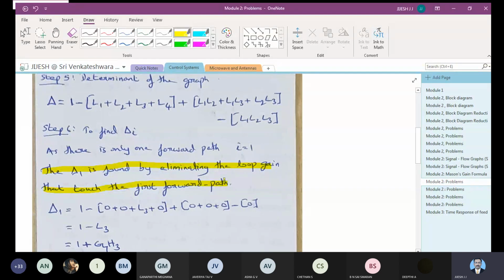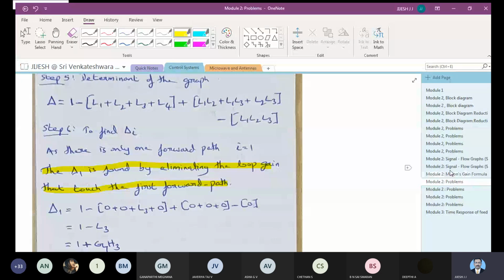We are bothered about the first forward path, and any loop touching the first forward path, we are going to eliminate. So the delta 1 is found by eliminating the loop gain that touches the first forward path. This is the forward path, and the loop gain which touches that first forward path, we are going to eliminate.